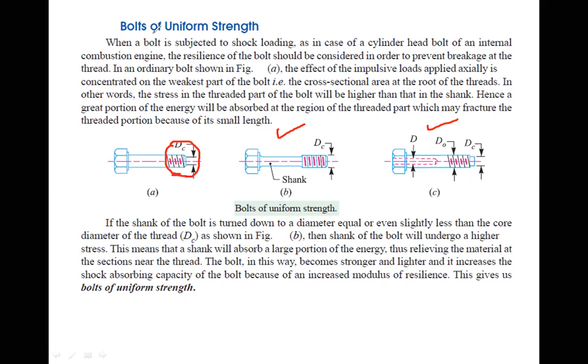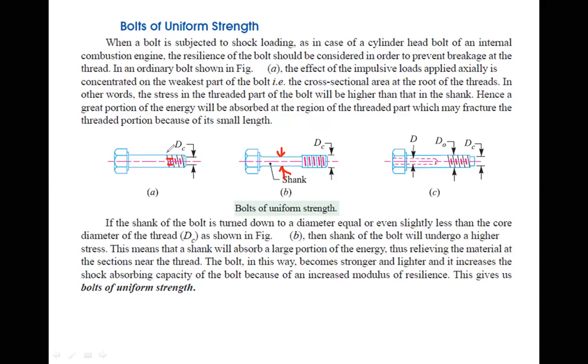How can it be possible? We can do it in a very simple way. Now let us look at this second picture. In that, you'll find that I keep the diameter of our screw somewhat lesser than the previous one. Here the diameter of the shank and the threaded part is the same, because of that there is a stress concentration. Here there is a core diameter.